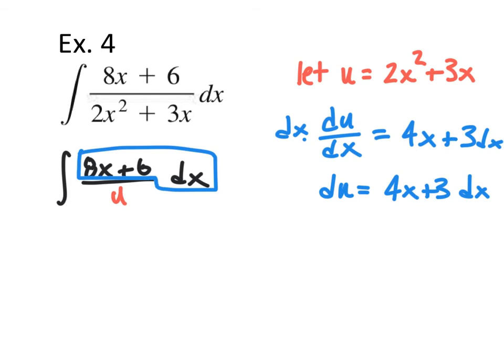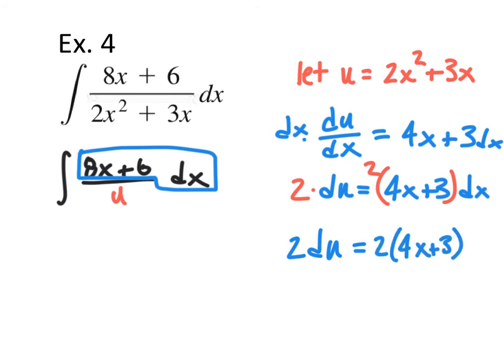Now what I can do is I want to get 8x plus 6 out of this, okay? And I notice that 8x plus 6 is just both of these terms doubled, okay? So if I multiply this whole thing by 2 over here and this whole thing by 2, then I end up getting that 2 du is equal to 2 times 4x plus 3 dx.